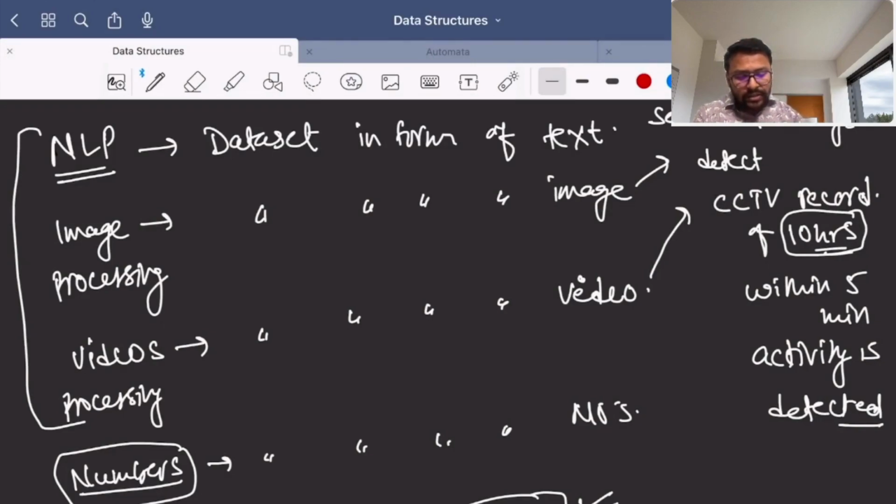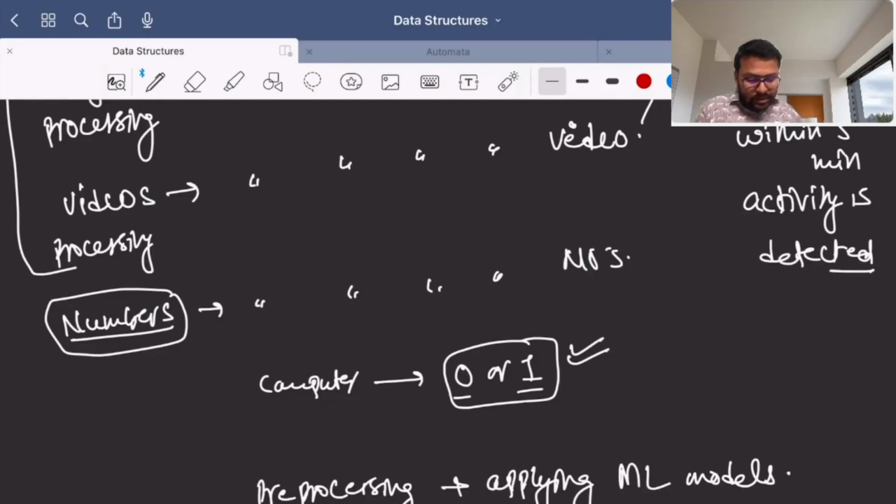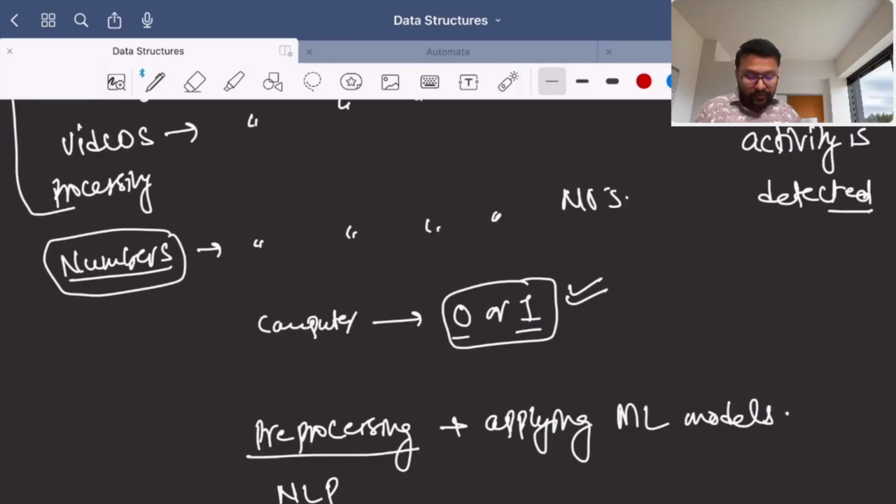So first we will start with NLP and understand how NLP works, and then how we will apply machine learning models on that NLP data. What I want to tell you is, one set of this problem is pre-processing, and another set is applying machine learning models. Pre-processing is different for NLP, for images, for videos, and for speech.